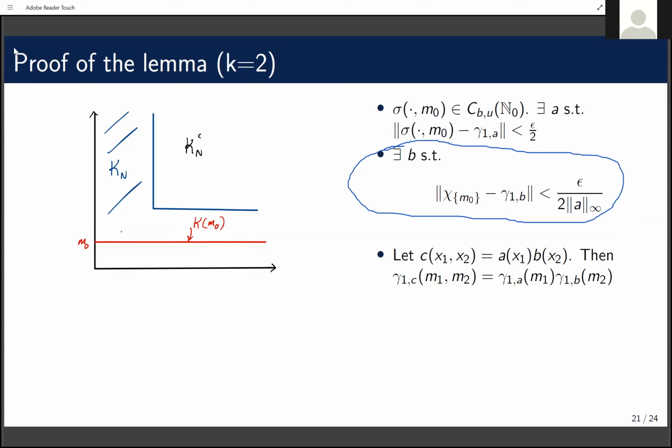Well, now you use our non-constructive proof, yeah? But this form of lemma is very attractive. Maybe you will be able to prove it by some constructive approximation.